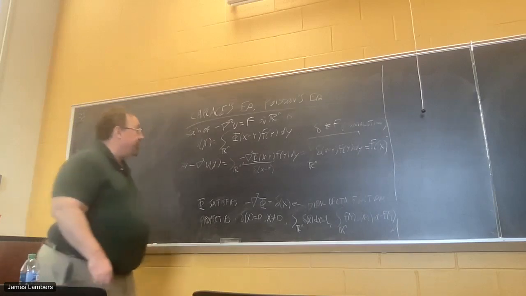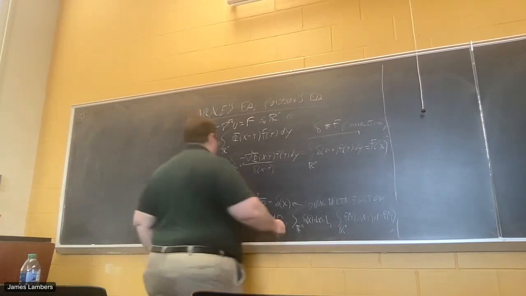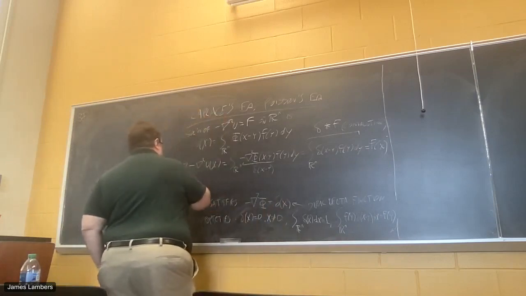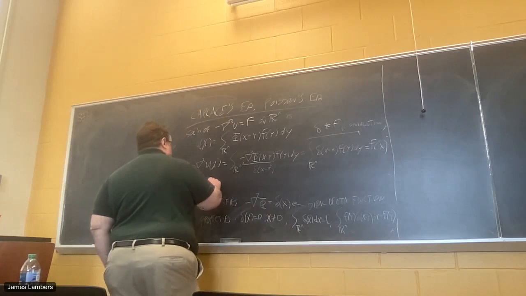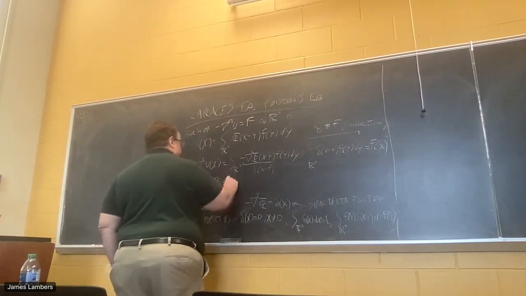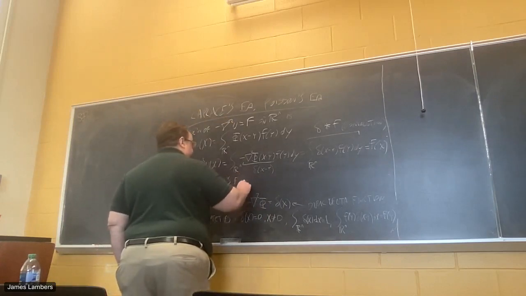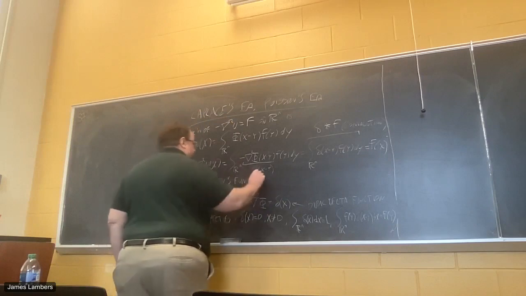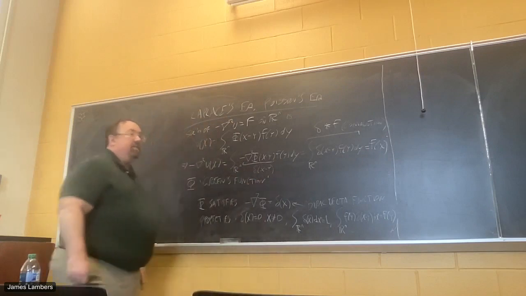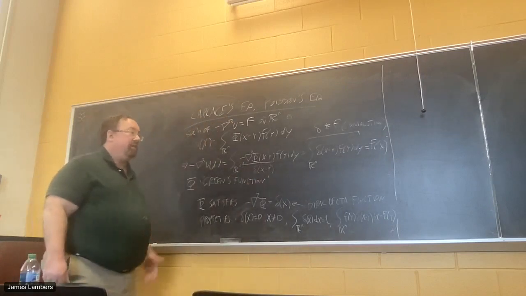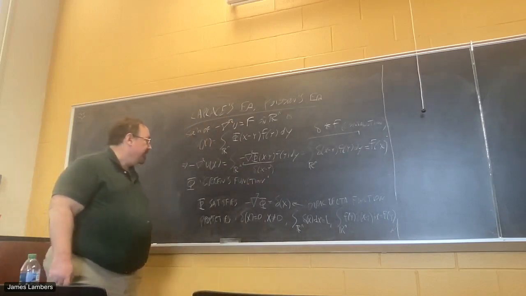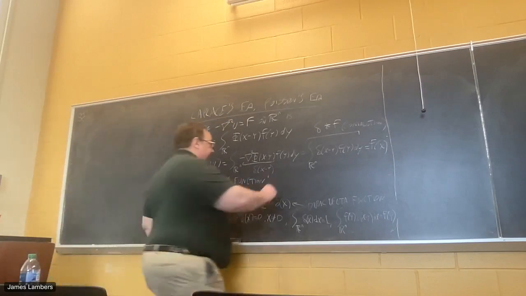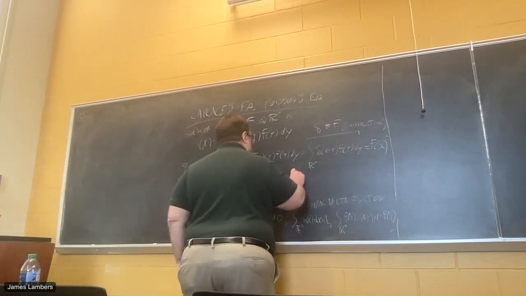Another term for fundamental solution is a Green's function. So Green's function is very useful for finding solutions of general PDEs in terms of these fundamental solutions. So this is a Green's function for Poisson's equation.